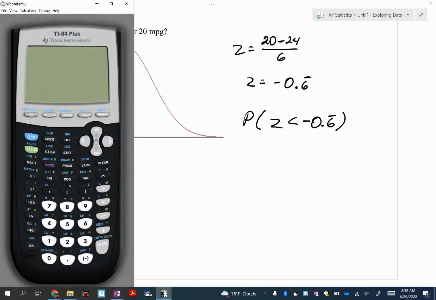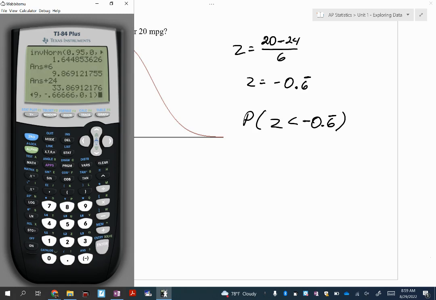So I'm going to turn my calculator back on. Come on, calculator. You can do it. There we go. So I'm going to do second distribution, going back to the first thing I told you about, number 2, that normal CDF. And my lower bound is going to be -infinity, so you can leave it like that. They've already got it in there. And then -0.6 repeating is going to be the upper bound.